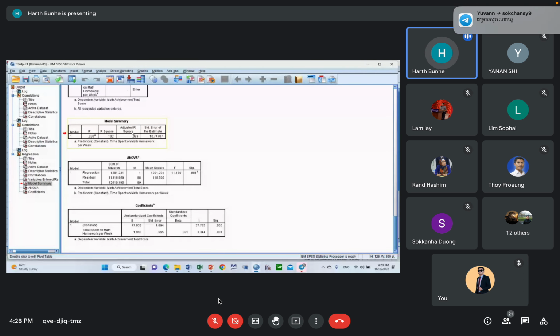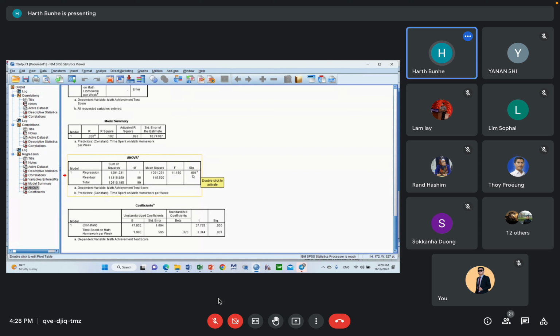And with the ANOVA table, you just confirm that time spent on homework significantly predicts math achievement. Why do you say significantly predicts? Because the significance here is lower than 0.05. It means it can predict significantly.